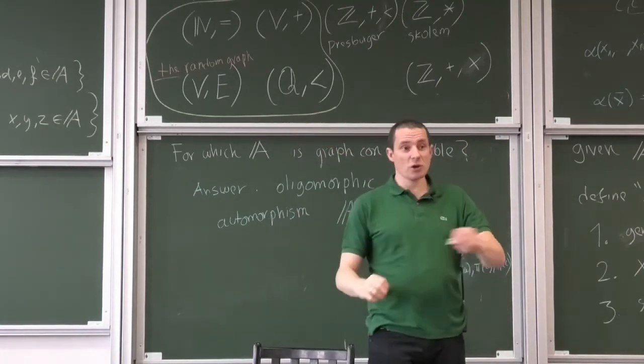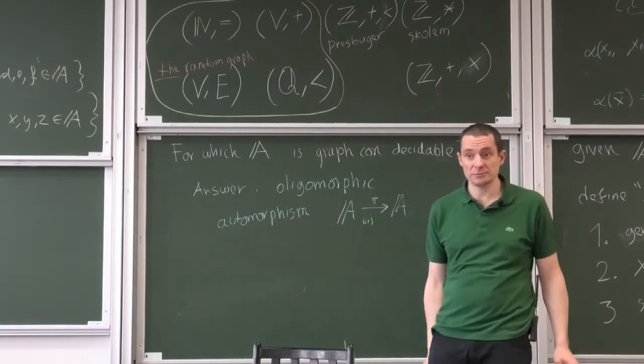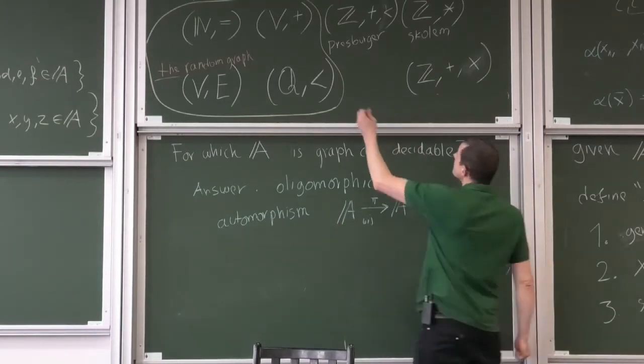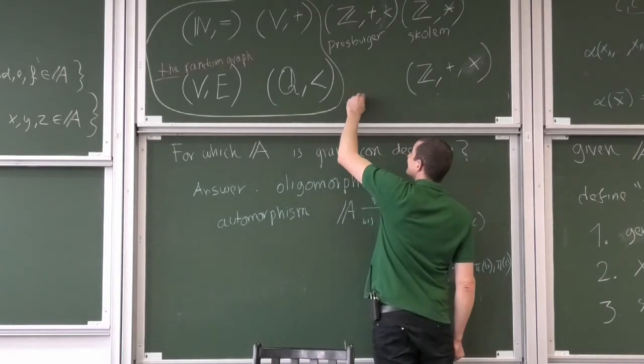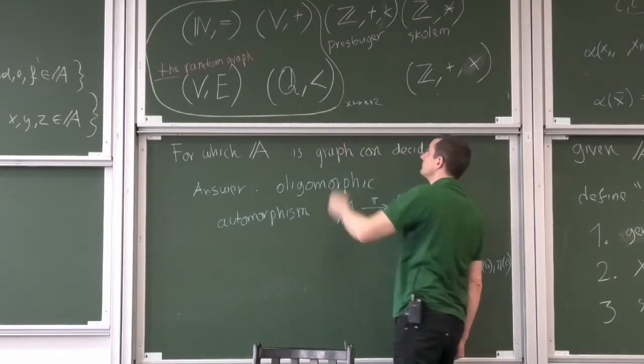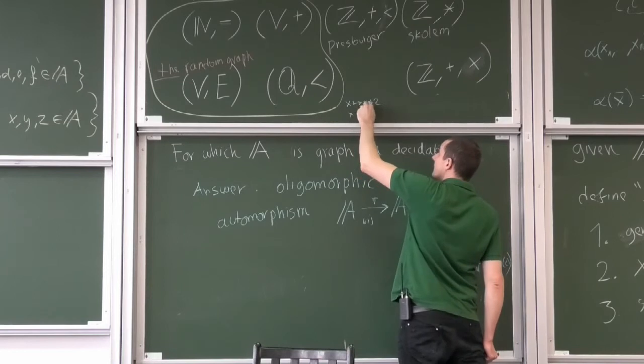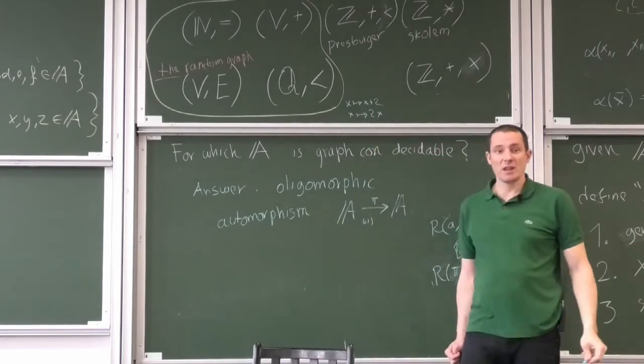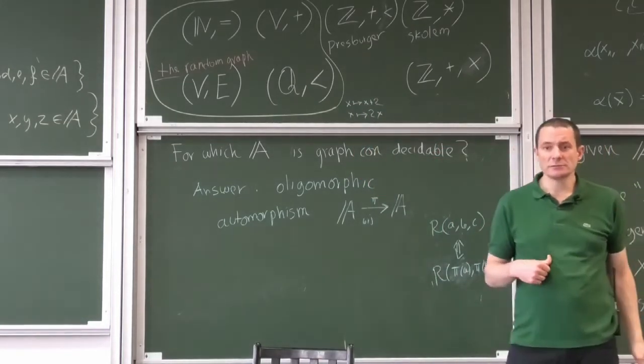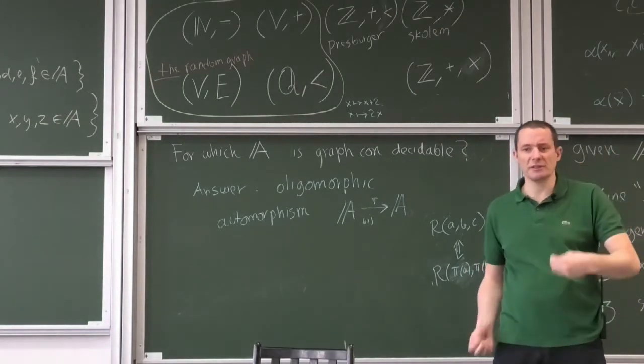Translation. So x goes to x plus 2 will be an example. x goes to 2x. You can also square, yeah? Well, for the negative numbers, you have to use a negative square.